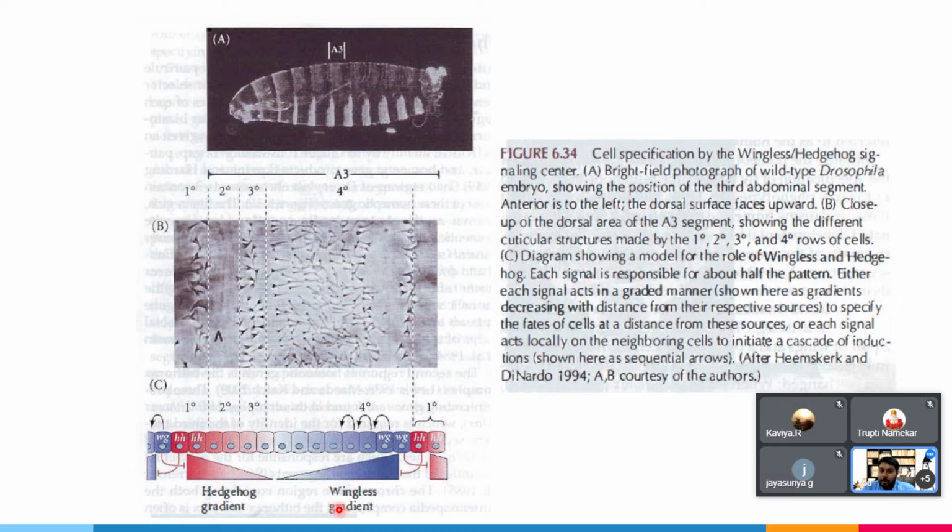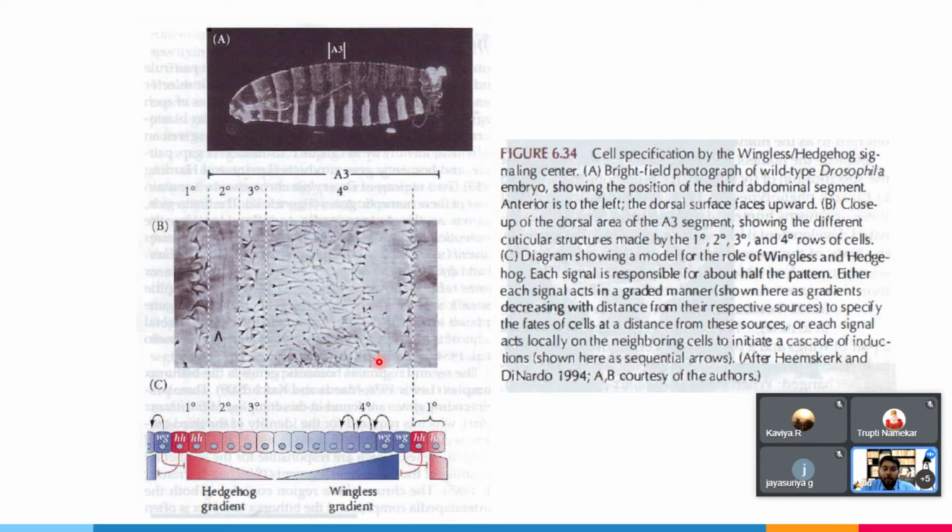So we have seen what kind of molecules do this, in which their concentration determines the reactions of various cells. The concentration of hedgehog and the concentration of wingless determine the phenotype of the cells, and this is done by molecules known as morphogens.